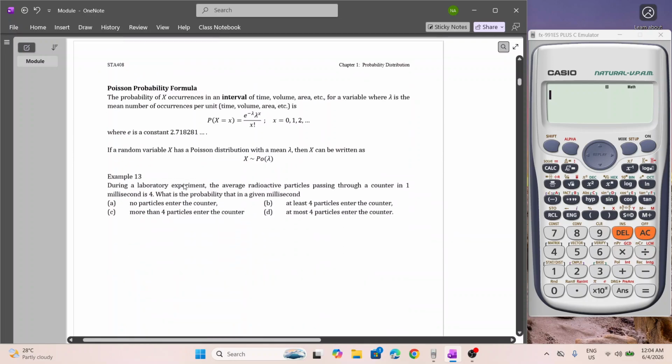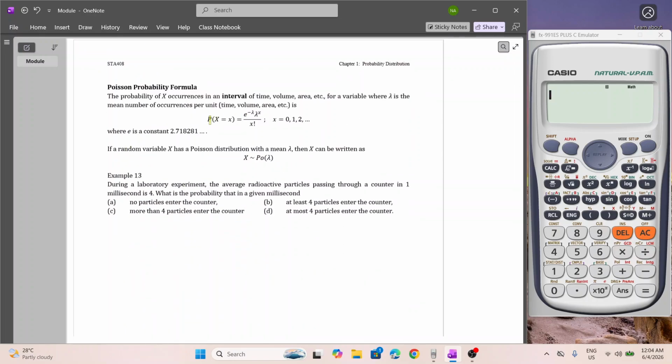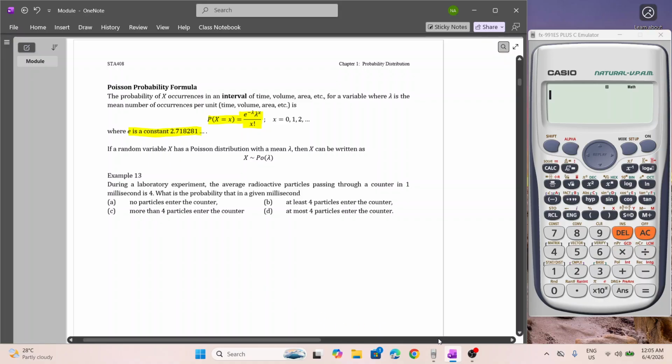So for the Poisson probability formula, we are going to use this formula. Okay, probability of x equal to x is equal to e to the power of negative lambda times lambda to the power of x over x factorial. Okay, where the exponent e is equal to 2.718281.